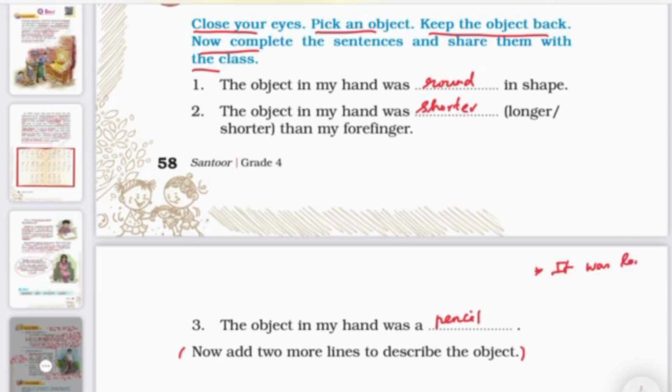It was longer and smooth. Next, it was shorter than my forefinger. Two lines we can write.